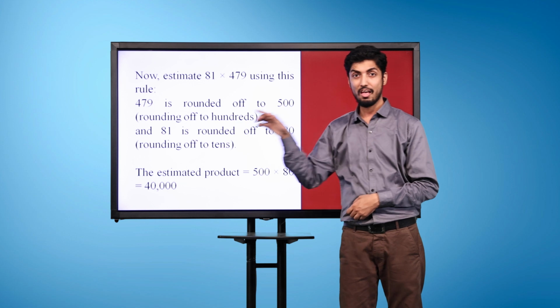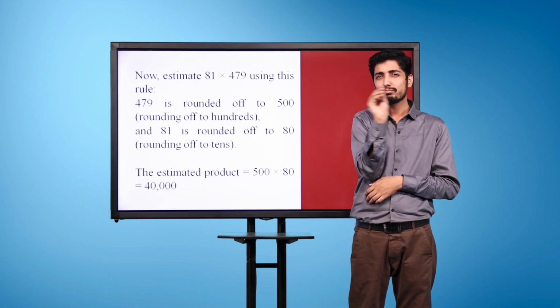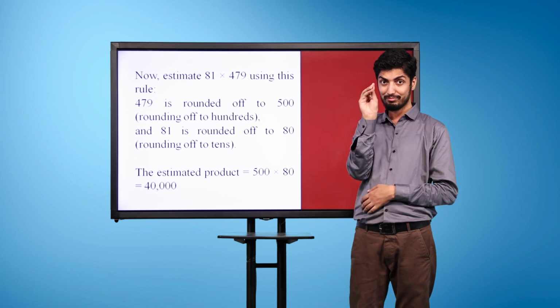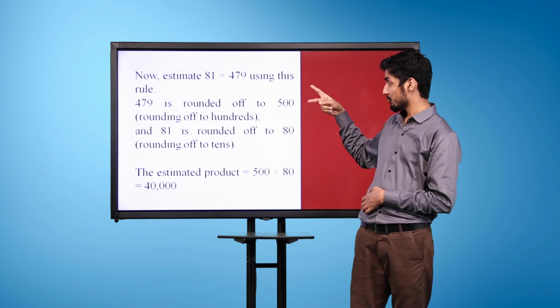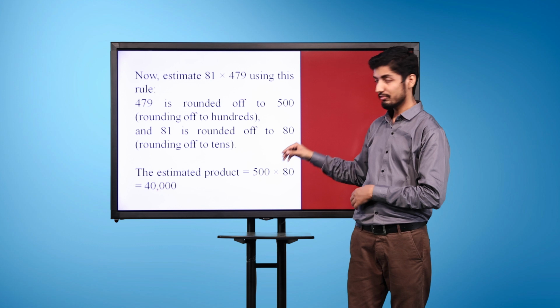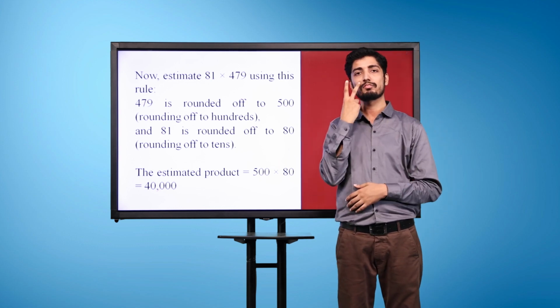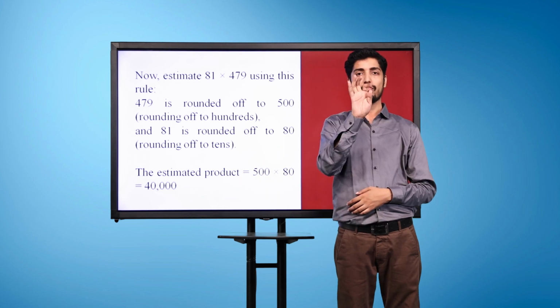And 81 is rounded off to 80, rounding off to tens. The estimated product is equal to 500 multiplied by 80, which is equal to 40,000.